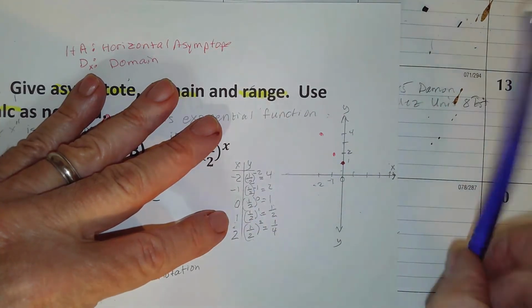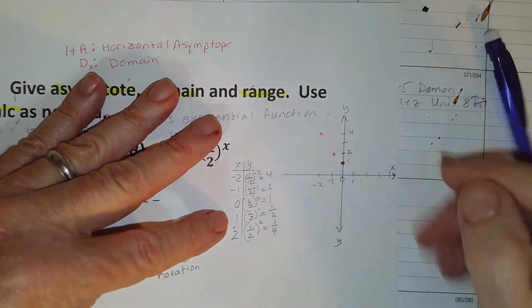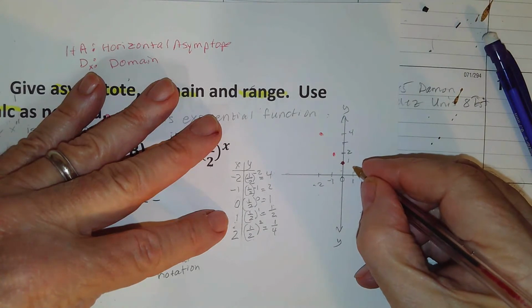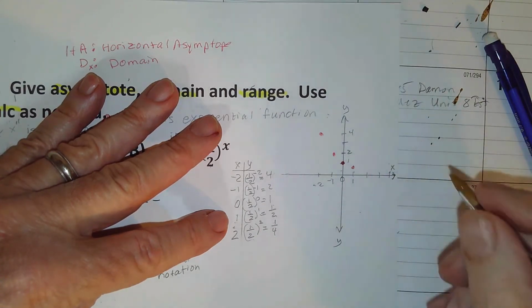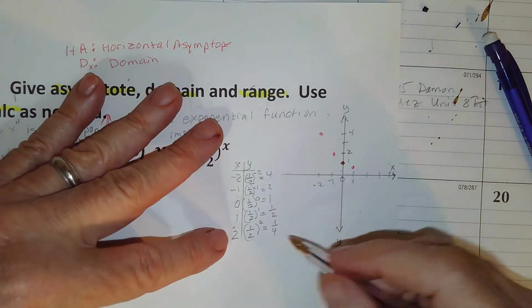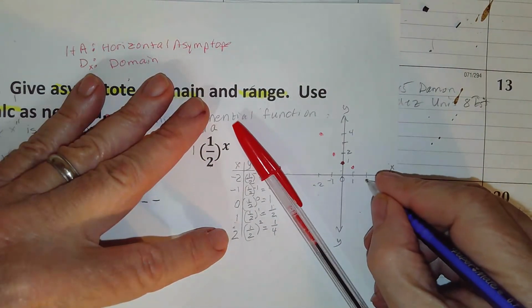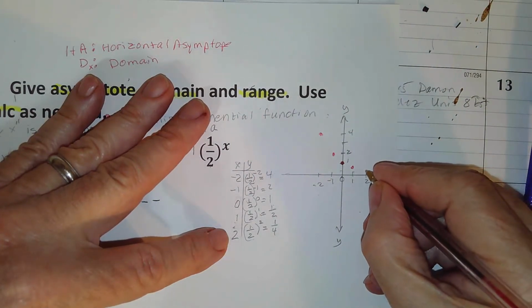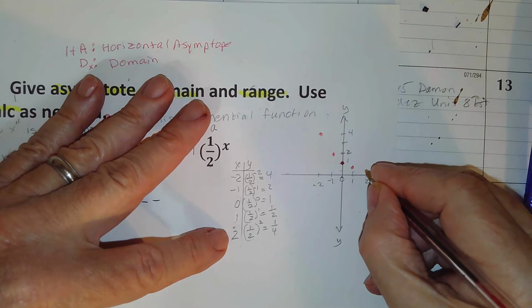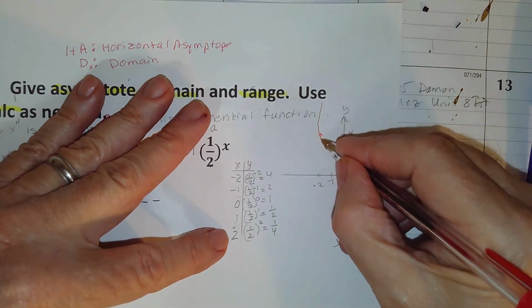So here's 1. -1/2 is going to be halfway between 0 and 1, so that's about here. You can see it's starting to flatten out now. And then 2, here's 2, and 1/4. That's about here. So you can see your graph is sort of doing this.